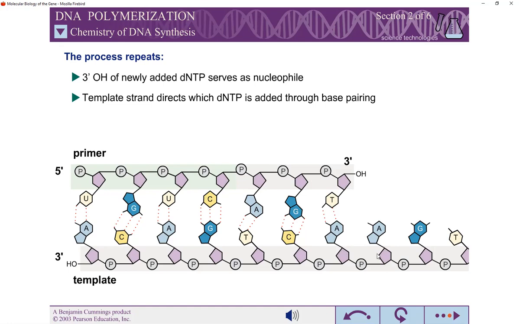This is the template strand. It will govern which nucleotides will be joined, and where and how these nucleotides are going to be joined. Next.